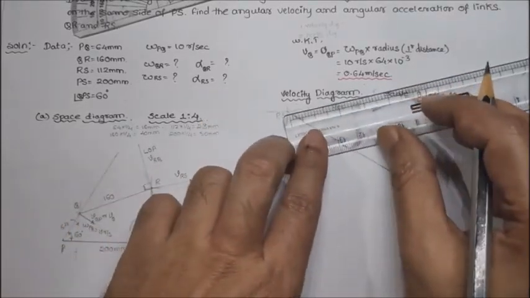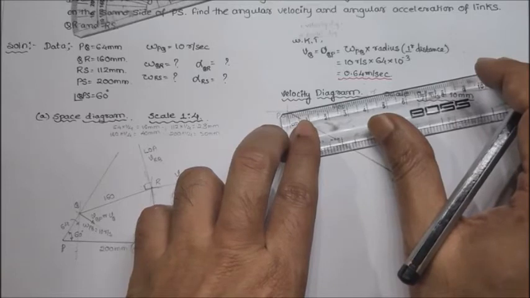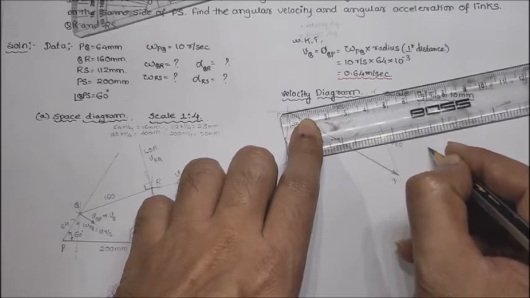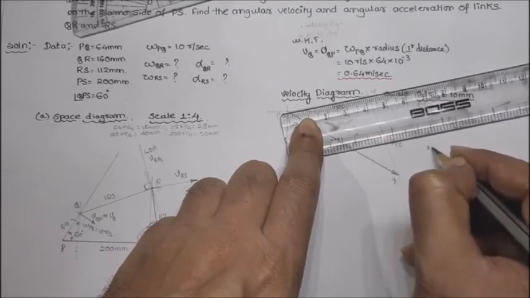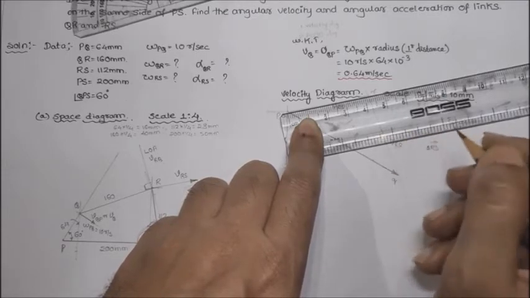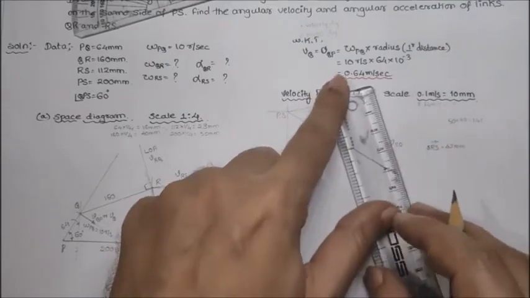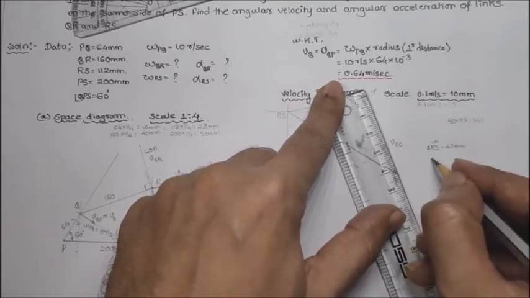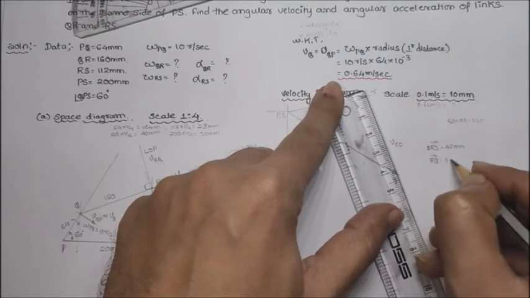So by measuring, vector rs is equal to, we got 42 mm, and here vector rq we got around 43 mm.